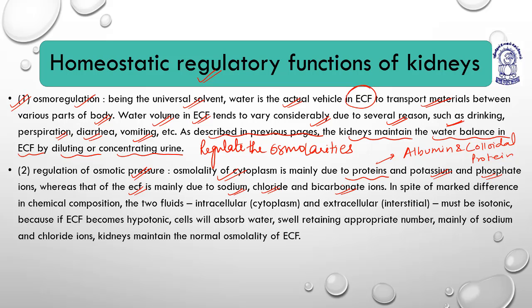Very important. The osmolarity of the intracellular fluid is because of phosphate ions, potassium ions, and proteins, while that of extracellular fluid is because of sodium ions, chloride ions, and bicarbonate ions.